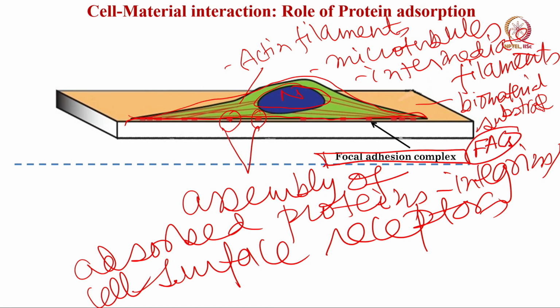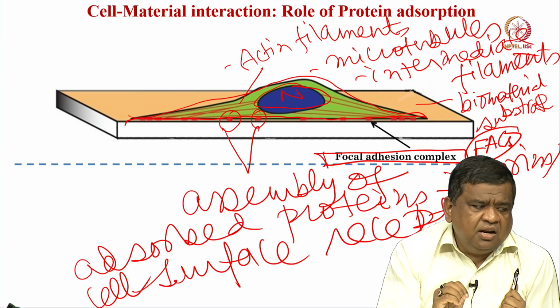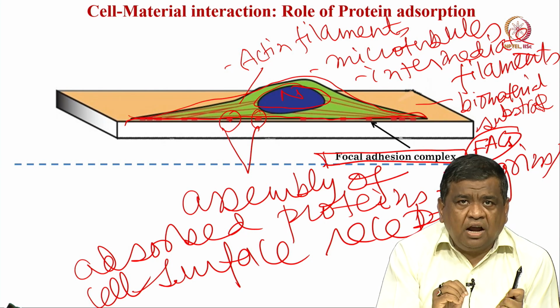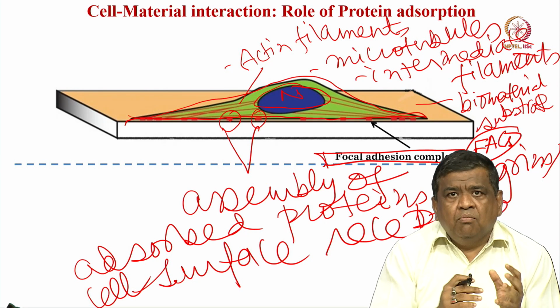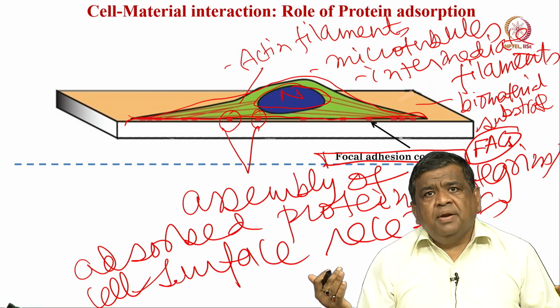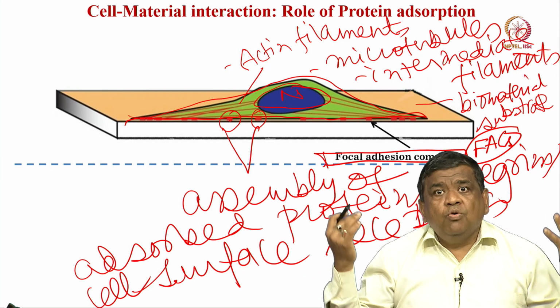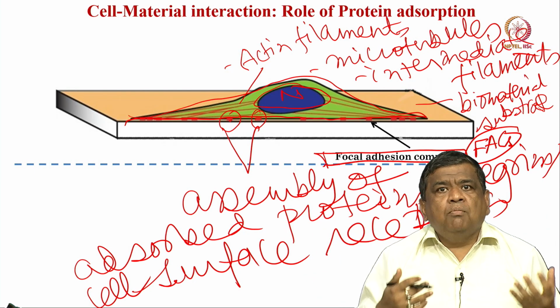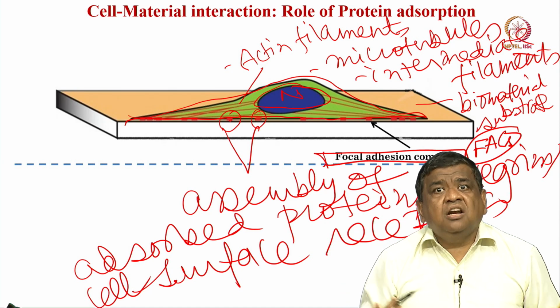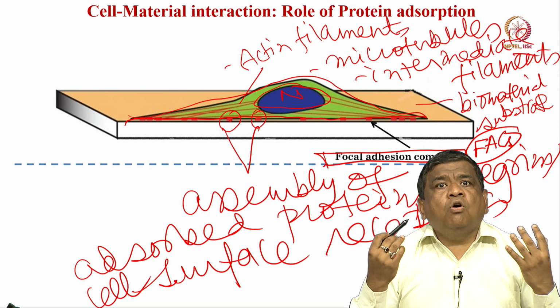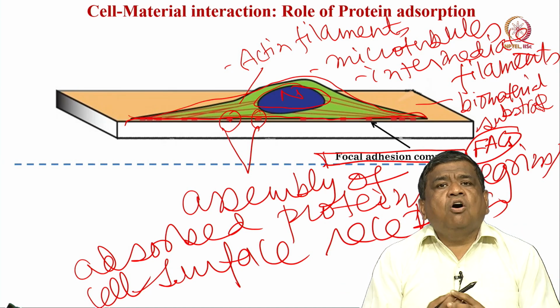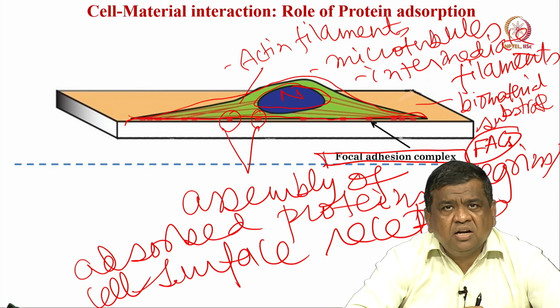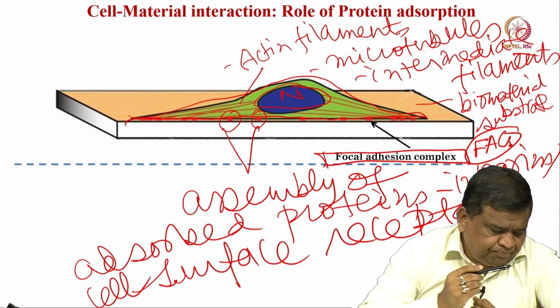These focal adhesion complexes are the sticking points of any biological cell on a biomaterial substrate, right. And the more the number of focal adhesion complexes, the more the stability, and the more the extent of adhesion of the cells on this biomaterial substrate. This is point number 1 for you to follow.